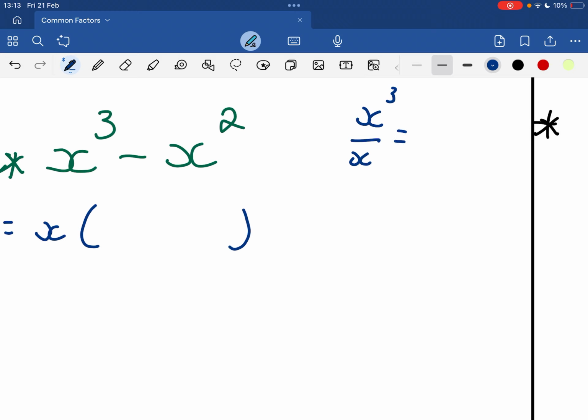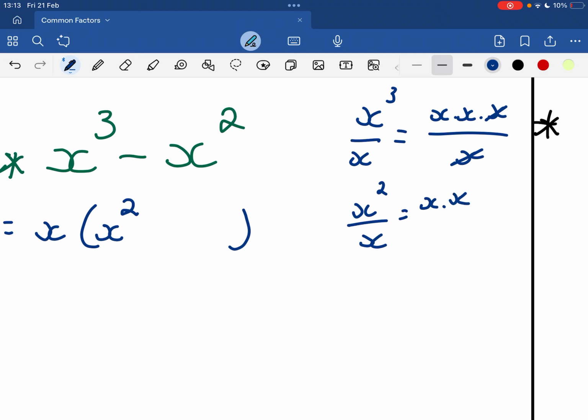Remember, this is the same as having x times x times x divided by x. What does this leave you with? It leaves you with x times x, which is x squared. And in our second term, x squared, if we divide it by the common factor of x, this is like having x times x over x, leaves us with just x. So we have minus x here.